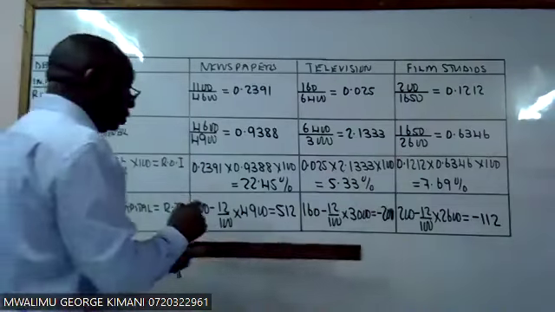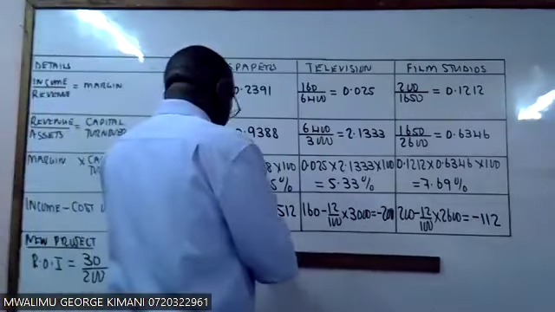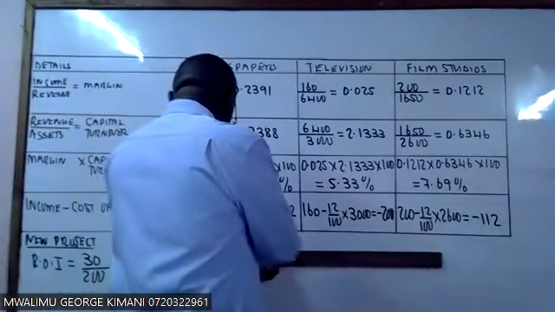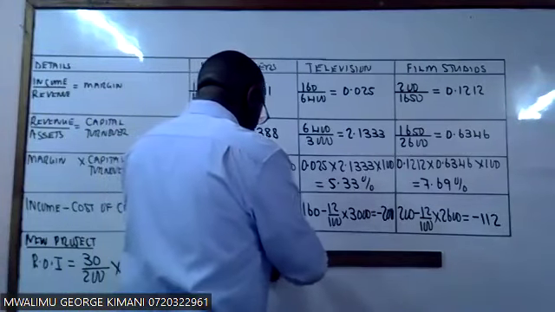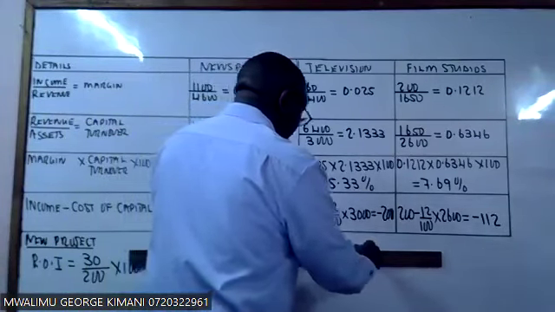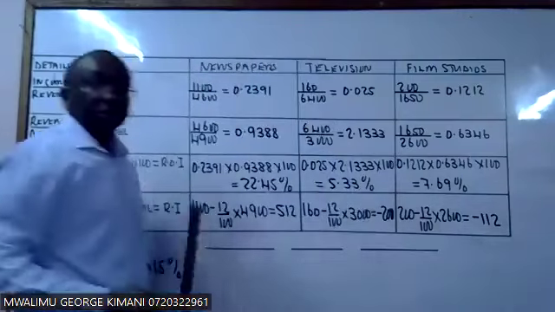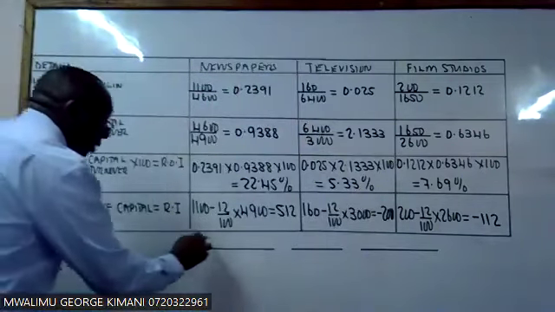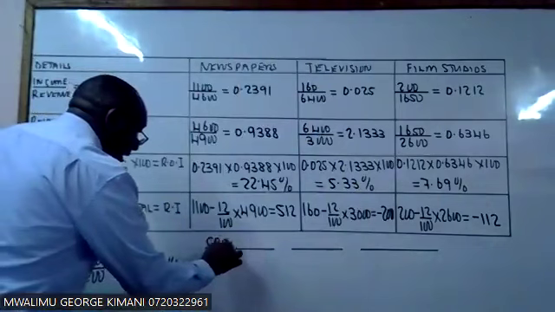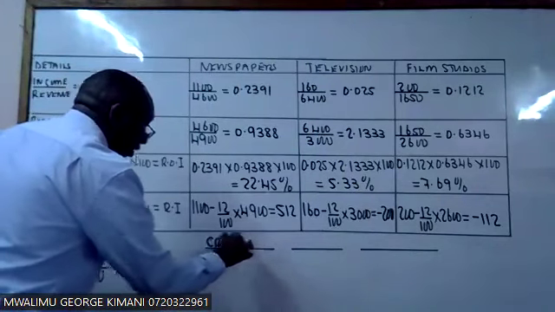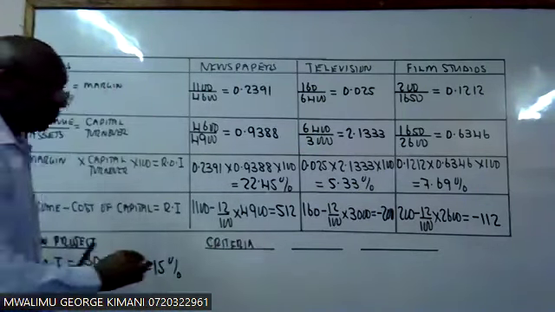So once you do that, you come here and you have the criteria, the decision, and then the explanation. The criteria is the method that we are going to use.